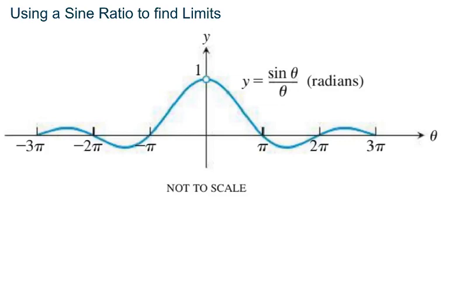In this video, we're going to talk about using a sine ratio of a specific sine function, y equals sine theta over theta, to find limits for trig functions. So in this situation, we're looking at this graph, and this graph is, not to scale, but it's drawn out so we can see what's going on here.